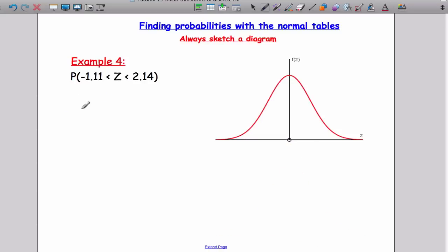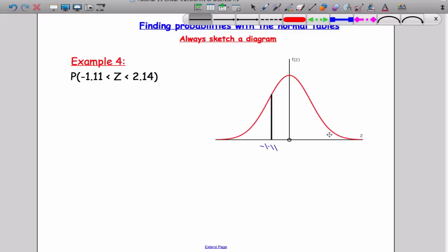What about something like this? Suppose I'm asked to find the probability that minus 1.11 is less than Z, which is less than 2.14. So let's just kind of sketch out what this is going to look like. That's roughly around minus 1.11, and 2.14, I can just sketch and say it's there.